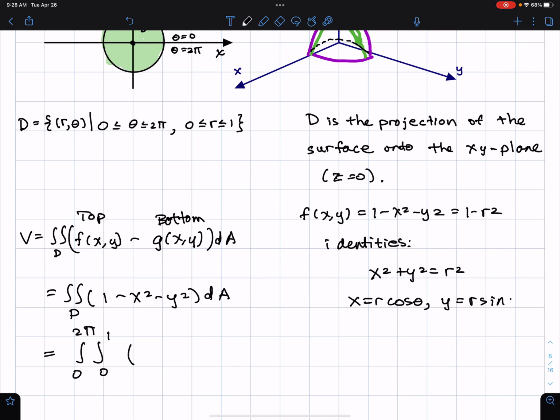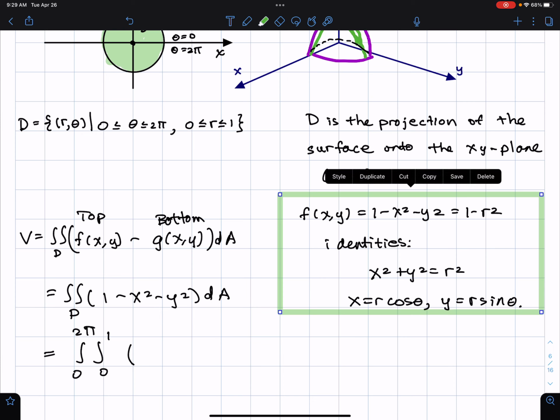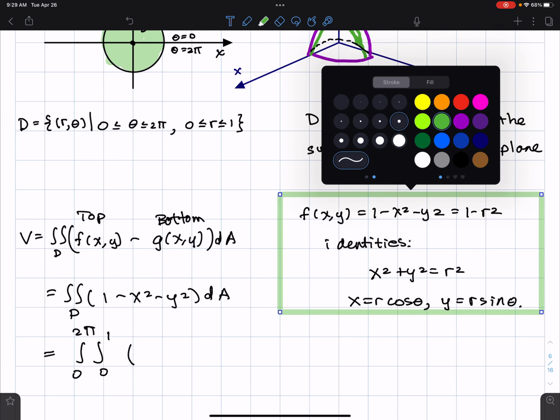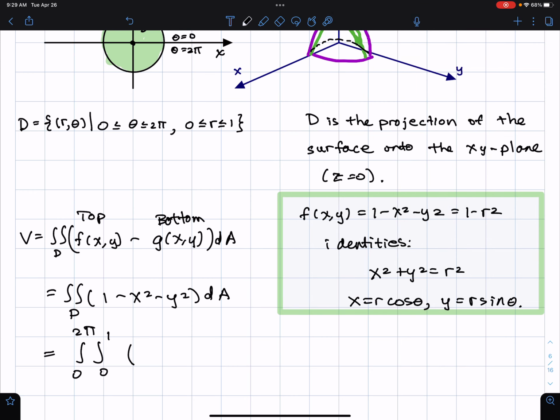We need to know those, and we need to substitute for x, y when we do these polar integrals. Okay? All right. Let's go back over here.